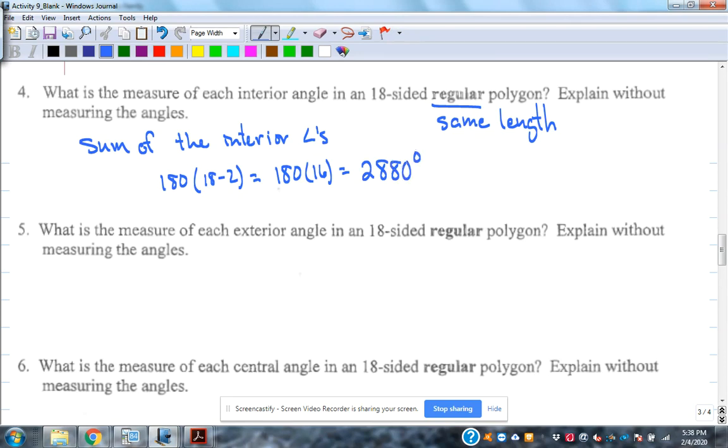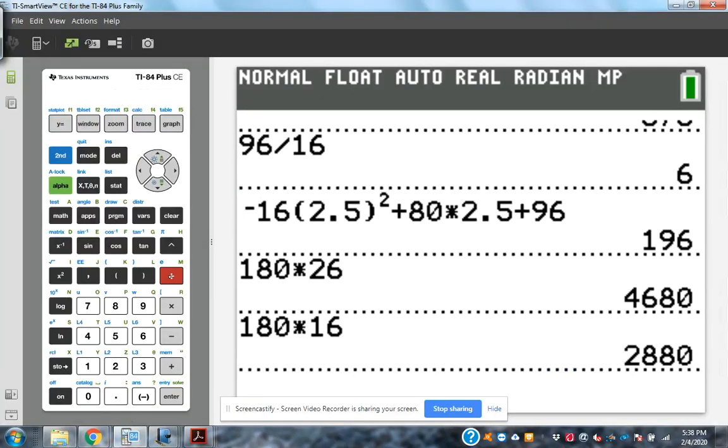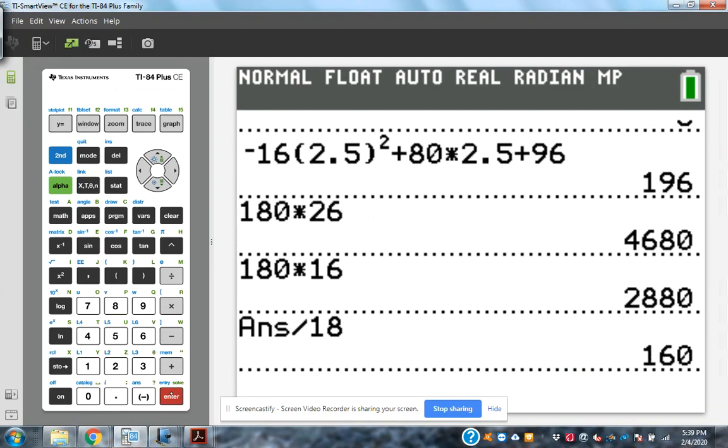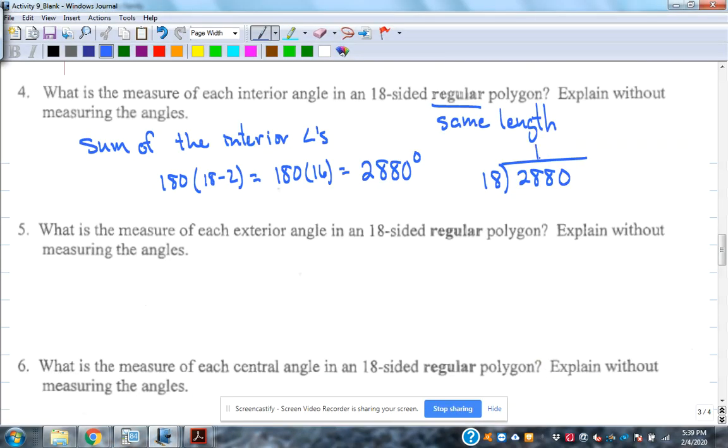How many interior angles do we have? That'd be 18 of them, right? 18 corners in there. How many times does 18 go into that? 160. So that means every one of those angles is 160 degrees. 160 degrees at each vertex.